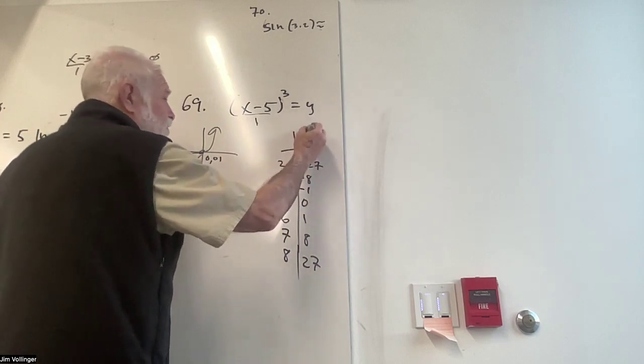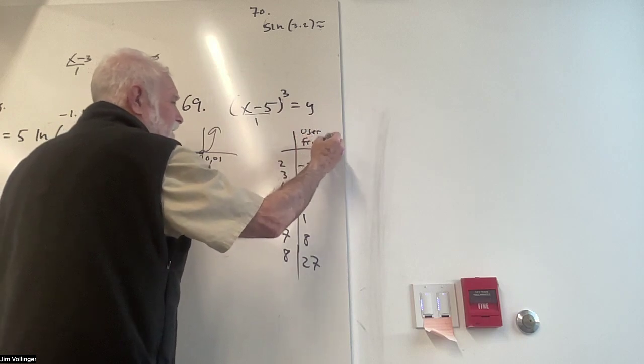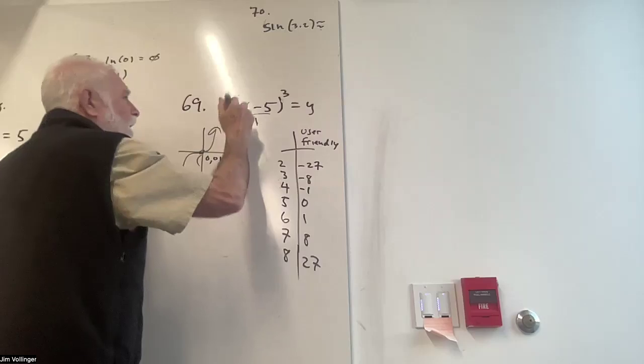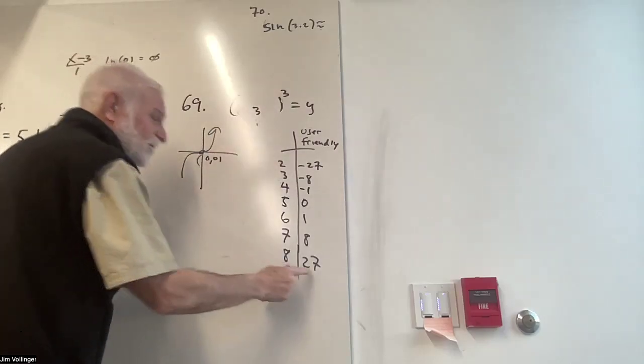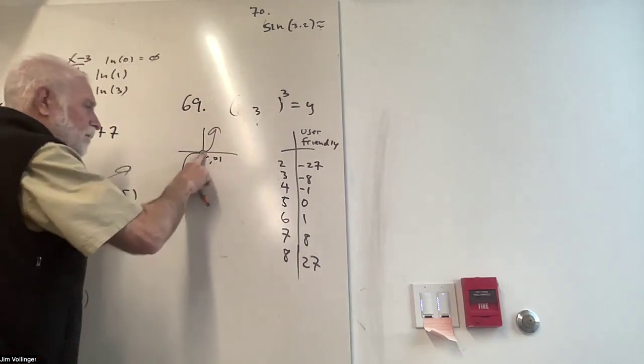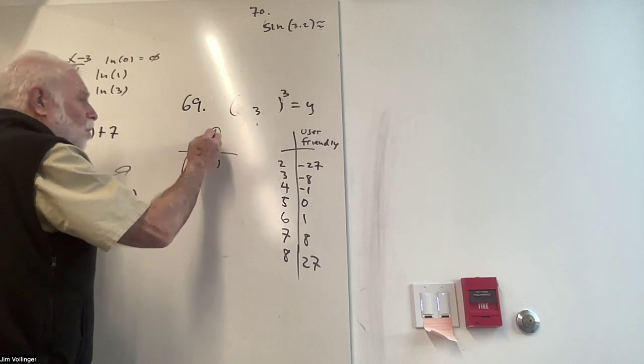And I call these user-friendly numbers. User-friendly, yes. I don't need a calculator to do that. I know when I put 8 in, I get 3 cubed, and I know that's 27. So all we do is change this to 5, 0 and show one other value.